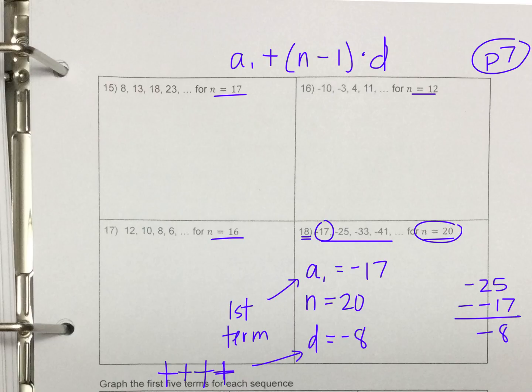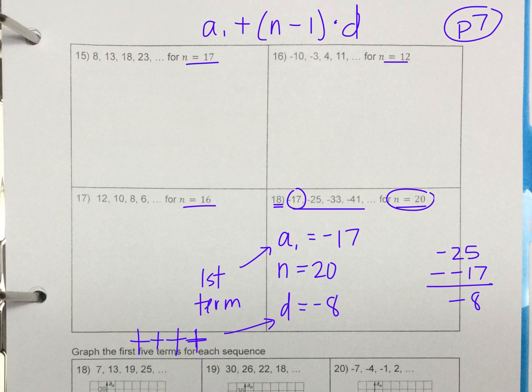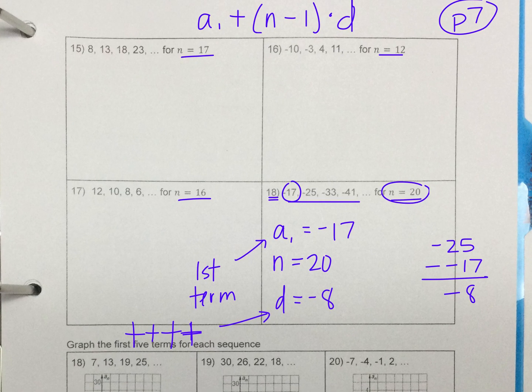Now I'm going to take the information that I've collected and I'm going to say A1, negative 17, plus, parenthesis, N, I know that's a 20, minus 1, times D is negative 8.